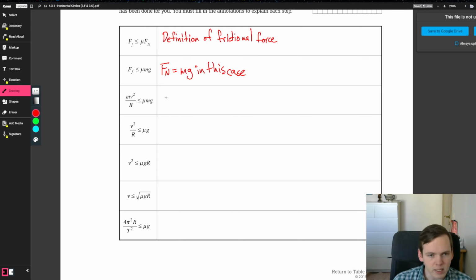And then F friction needs to equal the centripetal force, which is equal to mv squared over r. I'm writing this shorthand; you should probably write in words. The frictional force is providing the centripetal force, which is why it's equal to mv squared over r. And then here we cancel the mass.